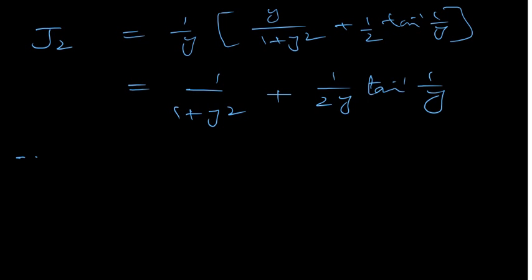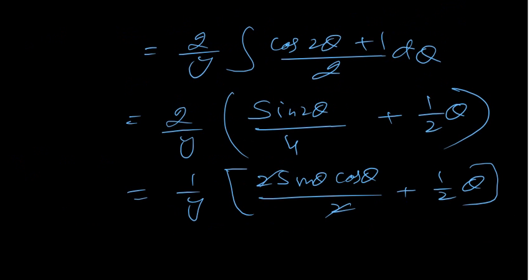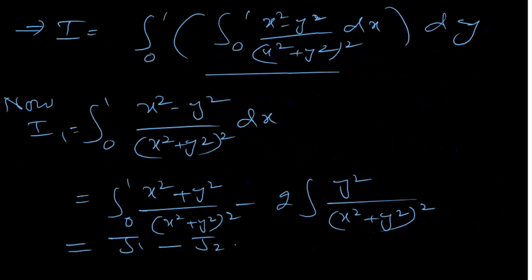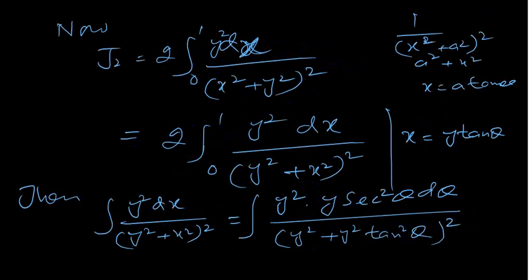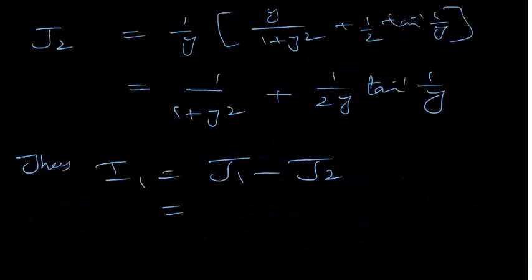So thus your I1, which is equal to J1 minus J2, that's equal to, what's J1? Let me see the value of J1 here. What's the value of J1? I1 is equal to J1 minus J2, and what's this J1? This is J2 here. Where is J1? I have to see that J1 also.